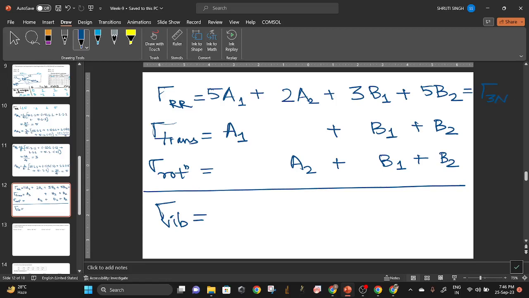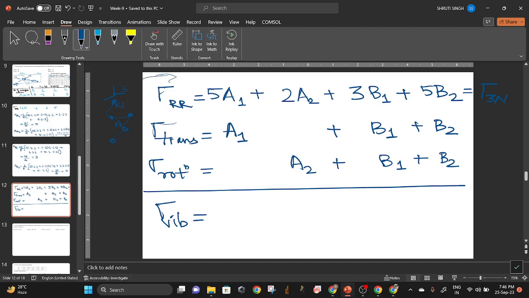Why 3 times n? Because a molecule which has, suppose, n number of atoms, 1, 2, 3, 4, there are so many atoms, but each atom has x, y and z coordinate to move along. So this is 3 coordinates and there are n atoms, so each atom can move along any of the coordinates. So for a molecule, the total number of degrees of freedom is 3n.